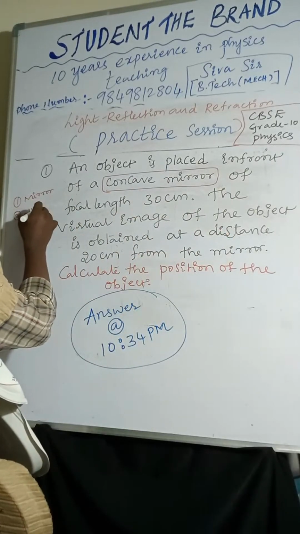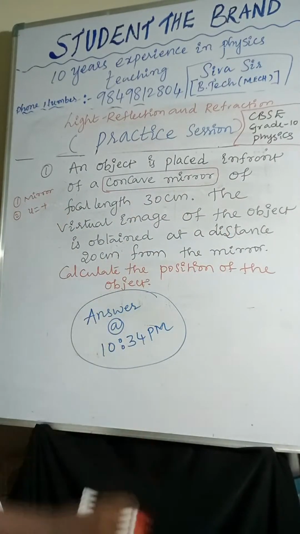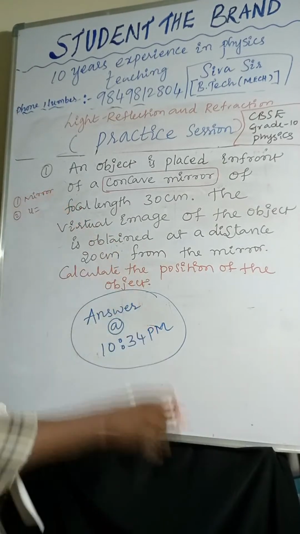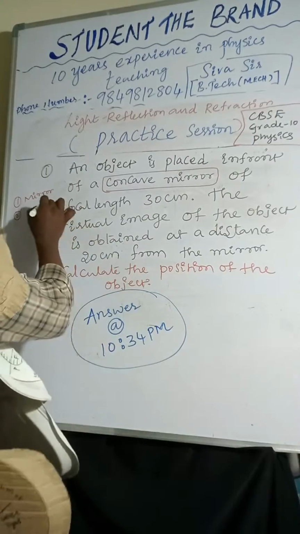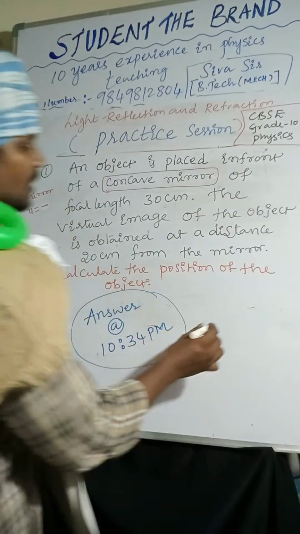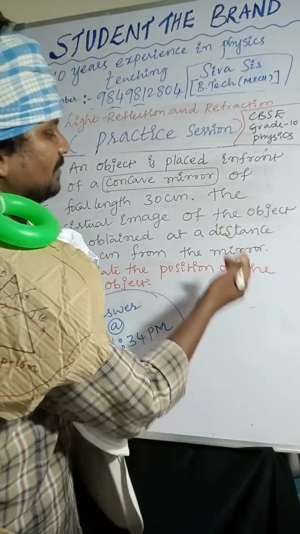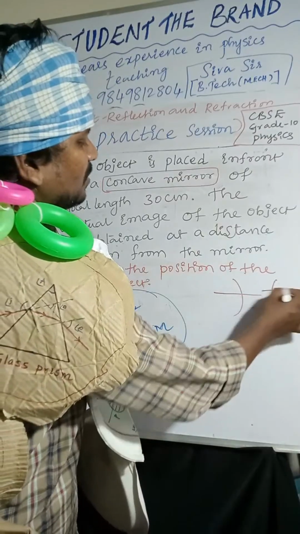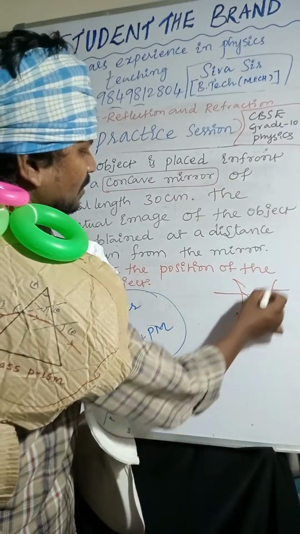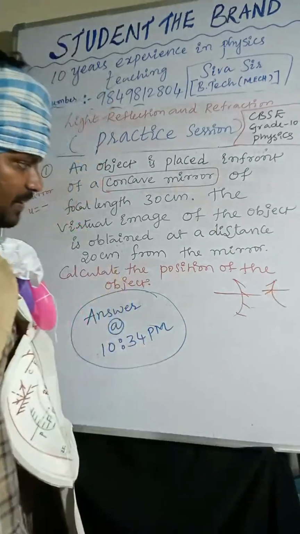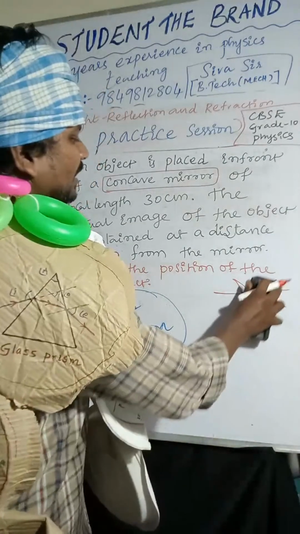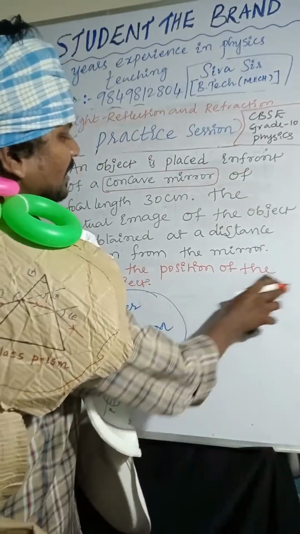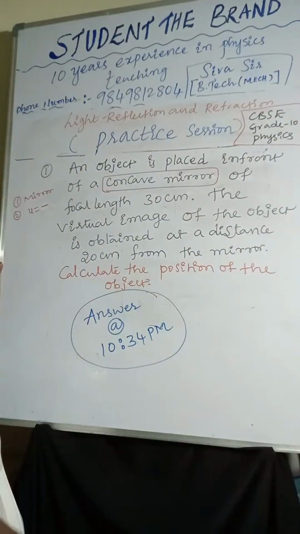Whichever mirror or lens you consider, object distance is always negative, because the object must be placed in front of the mirror itself. Whether you are taking concave mirror, convex mirror, or plane mirror, you have to place the object in front of the mirror. So compulsorily object distance must be negative.